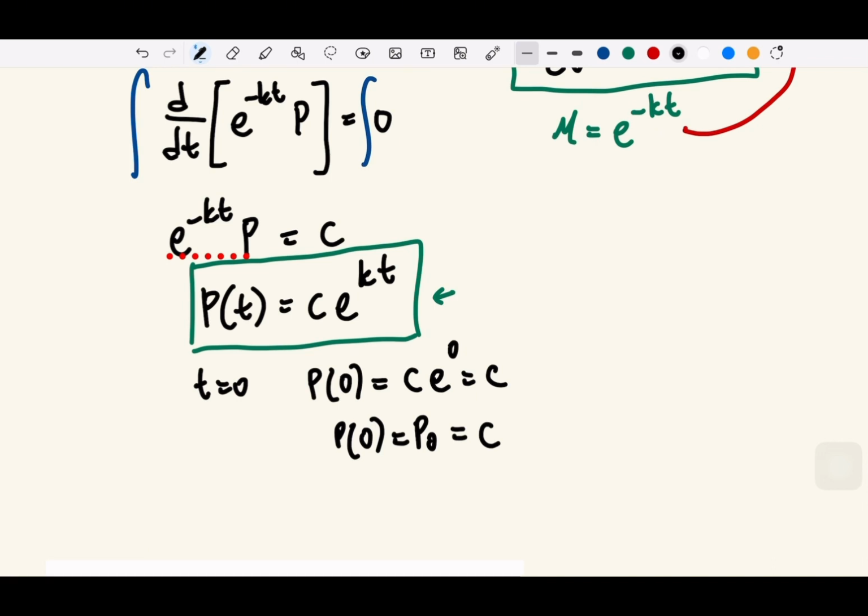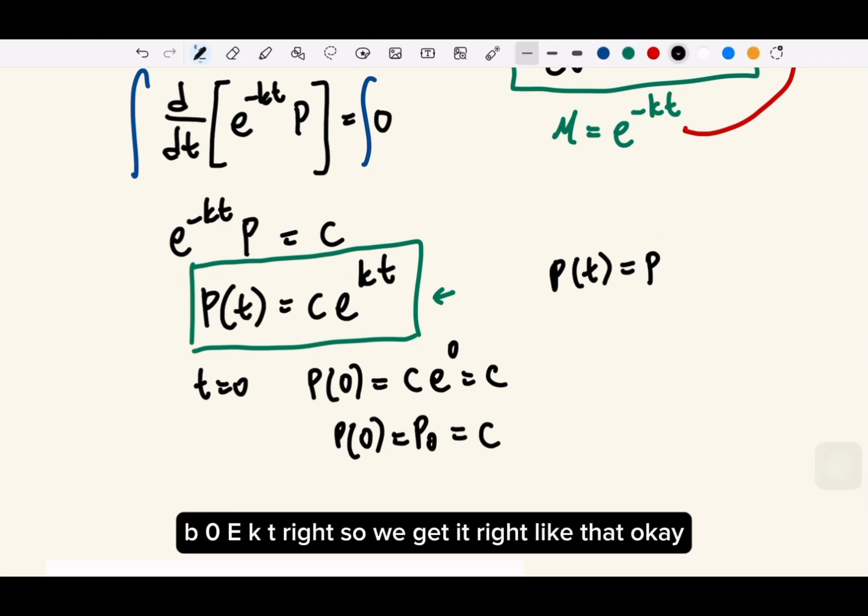So our p of t is equal to p0 e to the kt, right? So we can rewrite like that.